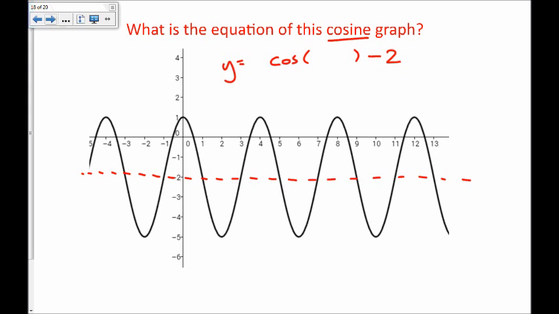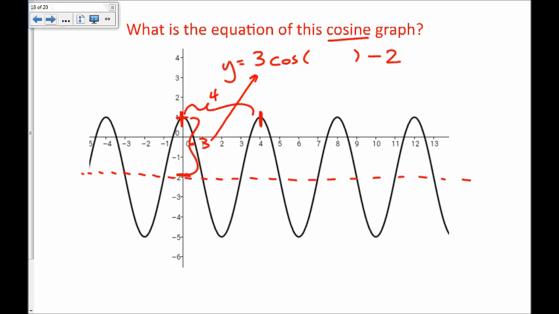The next thing I look at is the amplitude. Now the difference between a peak and the midline is 3, and so that gives us the amplitude of 3. The next thing I'll look at is the period. So from peak to peak, this right here is 4. Normally cosine has a period of 2 pi.